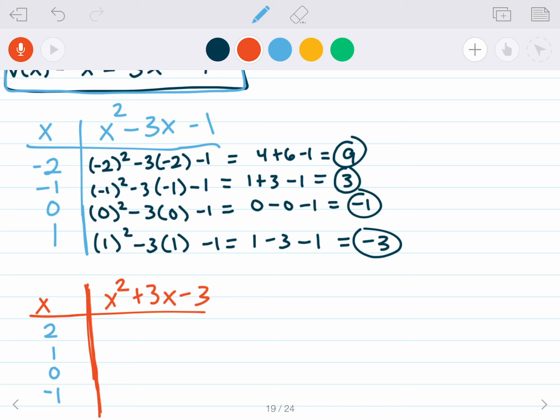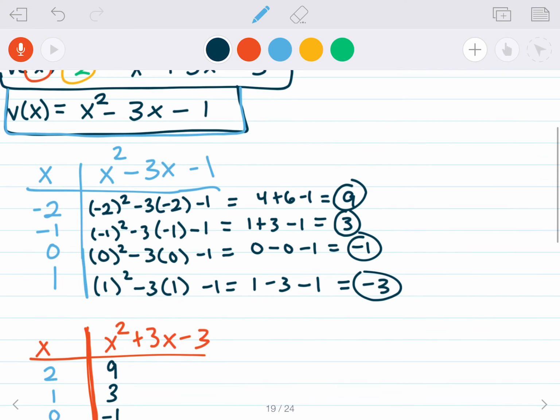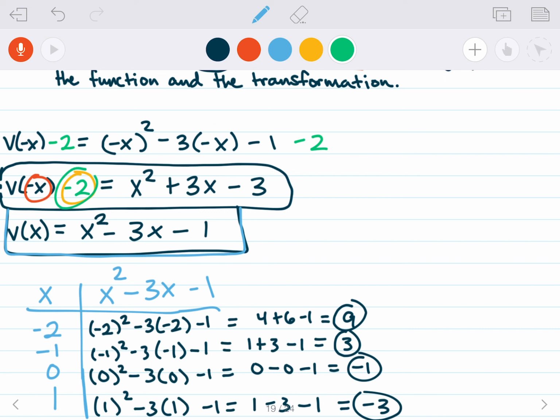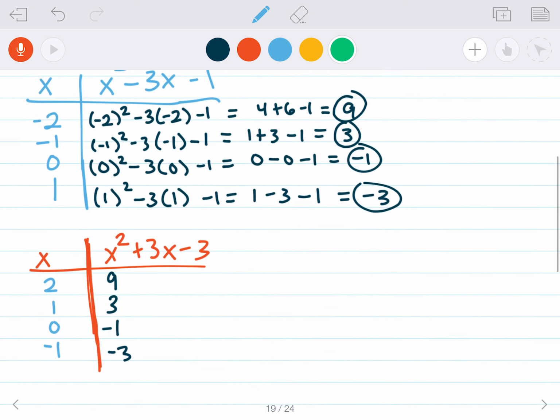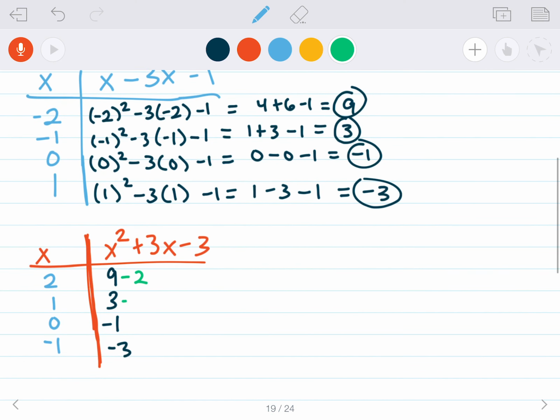And then for my y's, I'm taking the original y's, 9, 3, -1, -3, and I'm subtracting 2 from them, right? Because that's on the outside of the function. So 7, 1, -3, and -5. So these are my outputs.